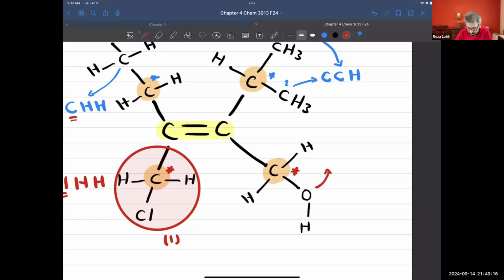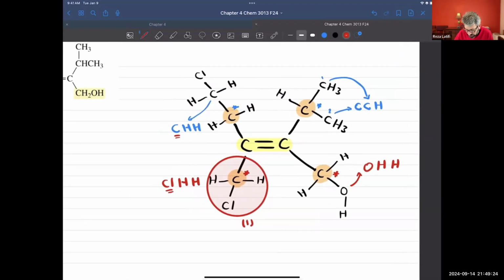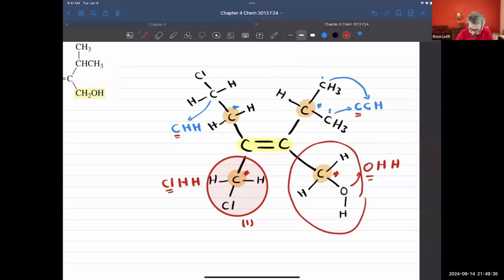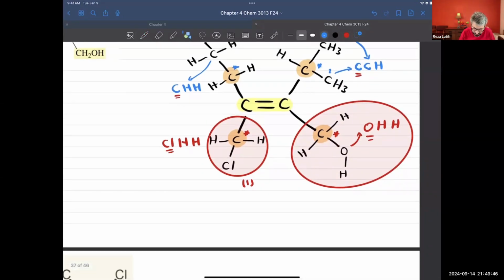Between oxygen and carbon, oxygen will have higher priority. So this group is going to get higher priority. These two groups are on the same side, so the isomer will be Z isomer.